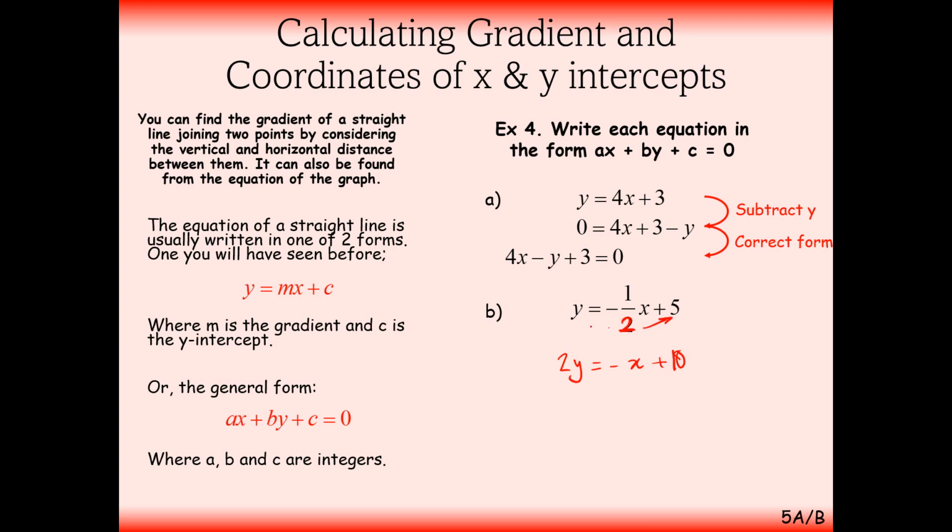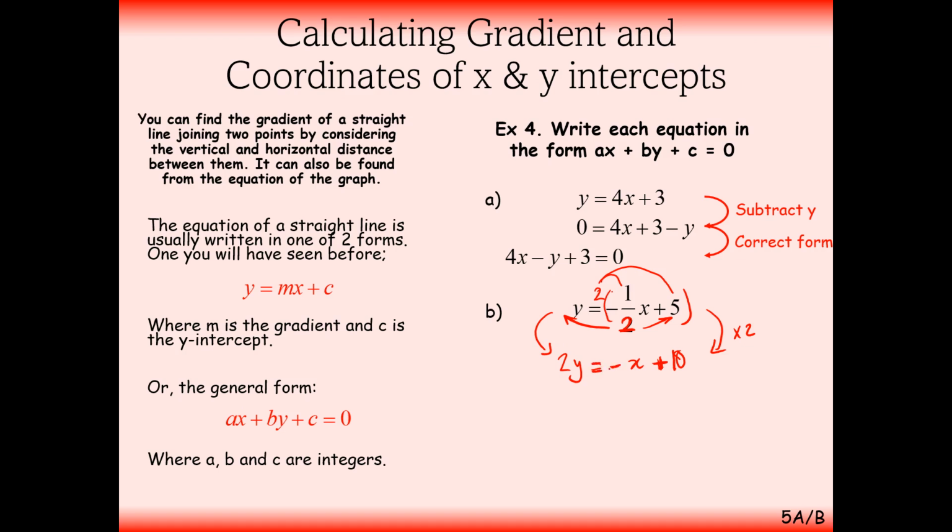Don't forget the 2 multiplies every term here. When we times by 2, imagine you're putting a 2 in front of a bracket around this equation, so 2 multiplies this and that. Don't make an error there.